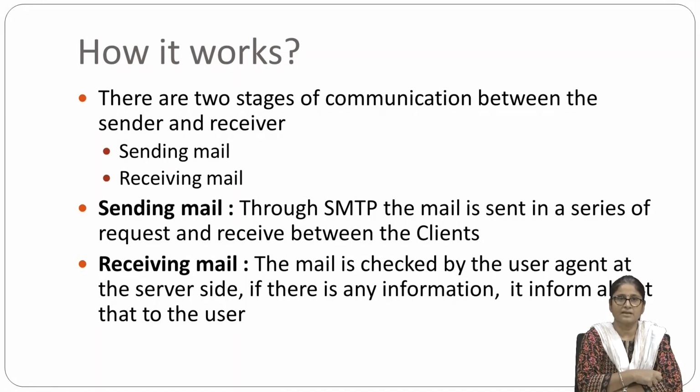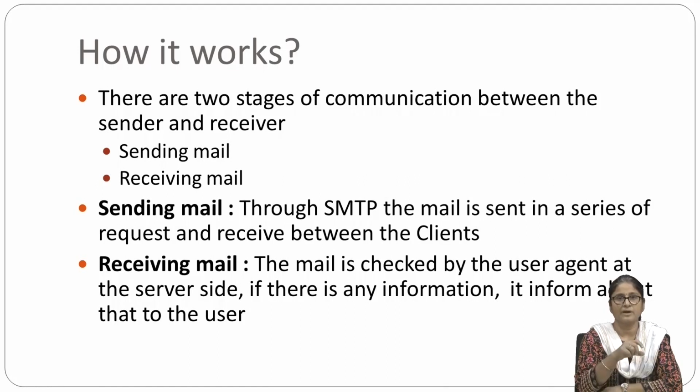Through SMTP protocol, the mail is sent in a series of requests and responses between the clients. The second stage is receiving mail. The mail is checked by the user agent at the server side. If there is any information, that information will be sent to that user only, okay.